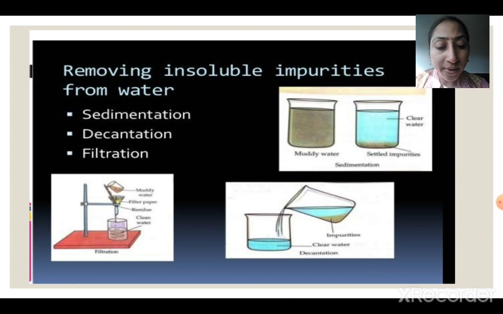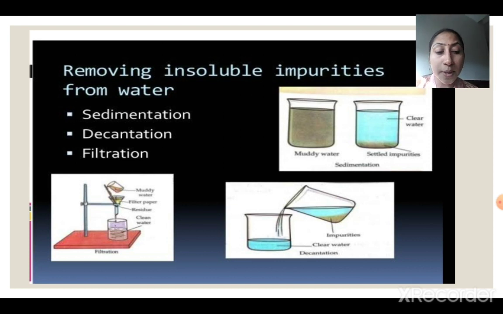The water you get here is not clean, but may seem a little muddy or cloudy, as it may still contain very fine suspended impurities. Then comes filtration. You can see filtration here.